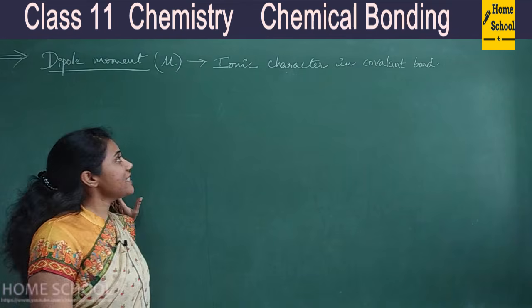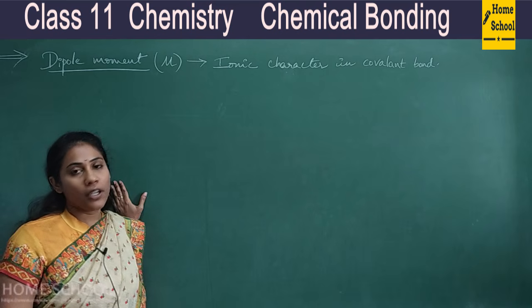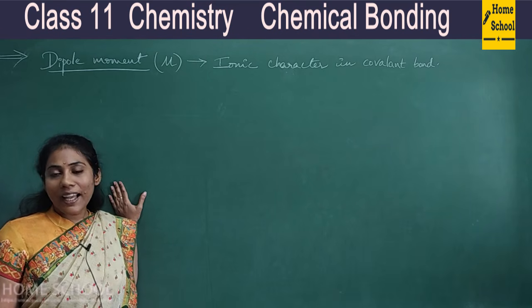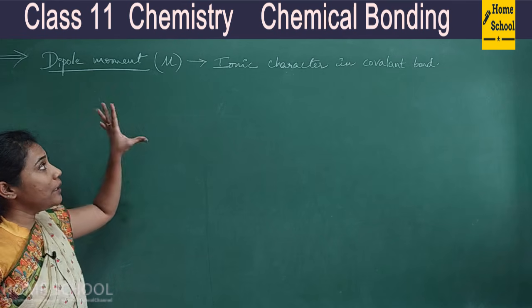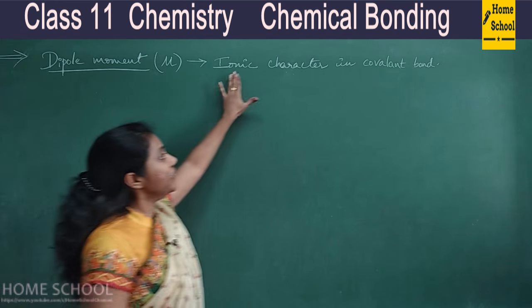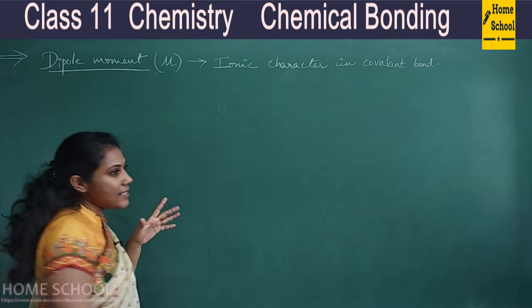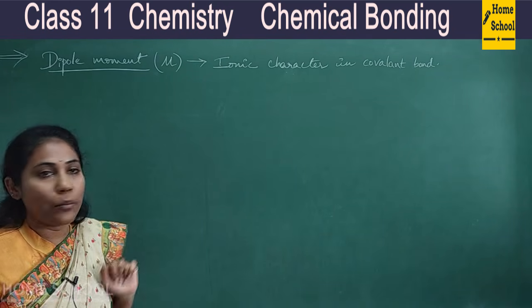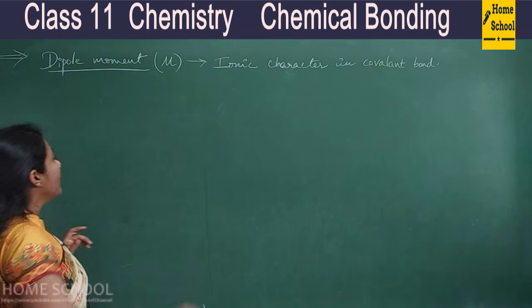See guys, dipole moment is also one of the very important concepts that you have to concentrate on. As I have already explained, dipole moment will help you decide ionic character in a covalent bond. So let's understand what we actually mean by dipole moment and how we find it.